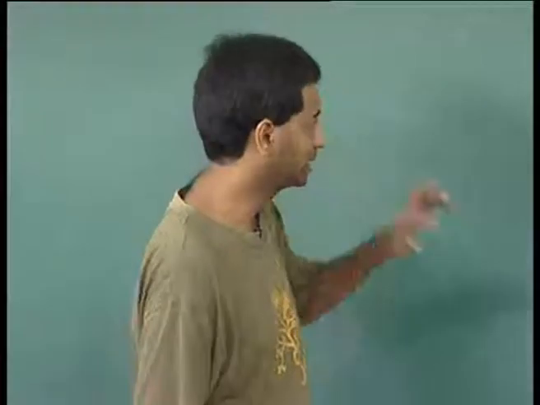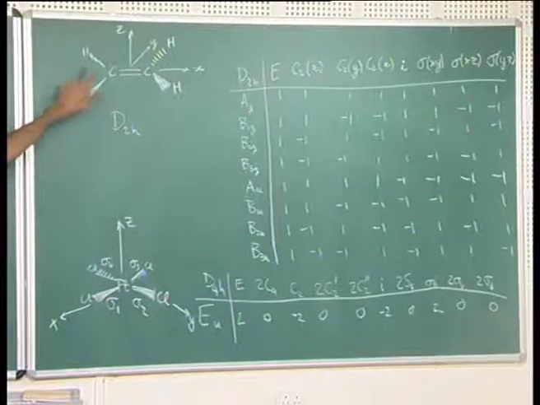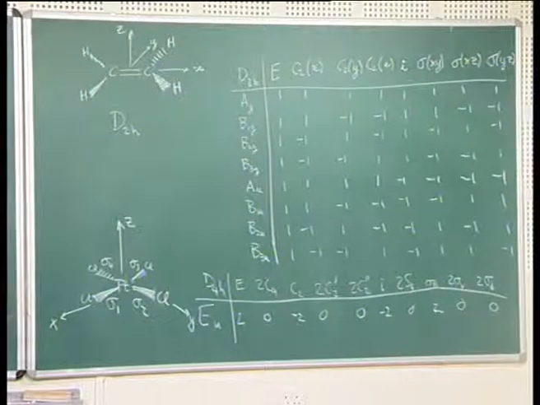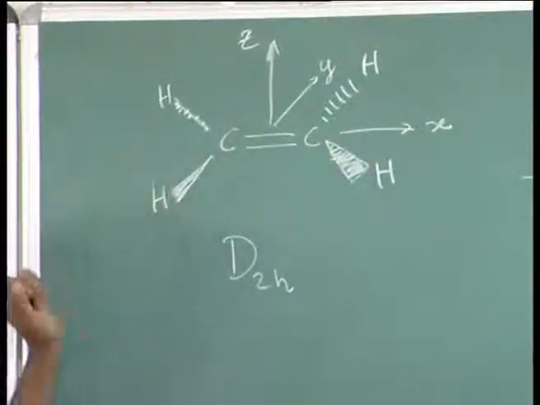The first example I will do is a fairly straightforward example. Consider the ethylene molecule. Okay, so it's a planar molecule, one double bond, so C2H4.